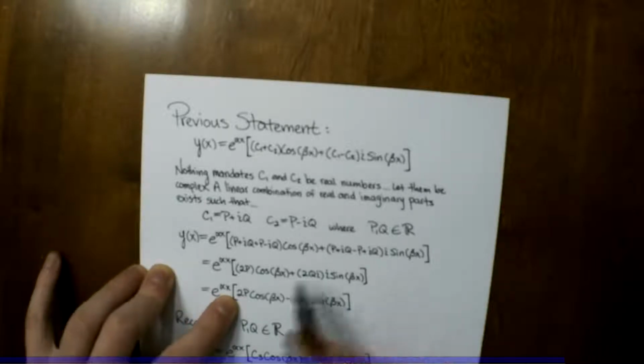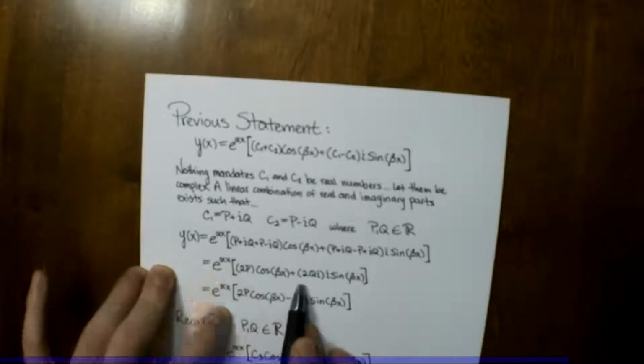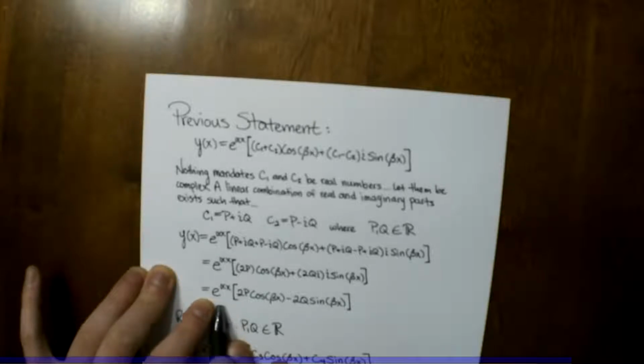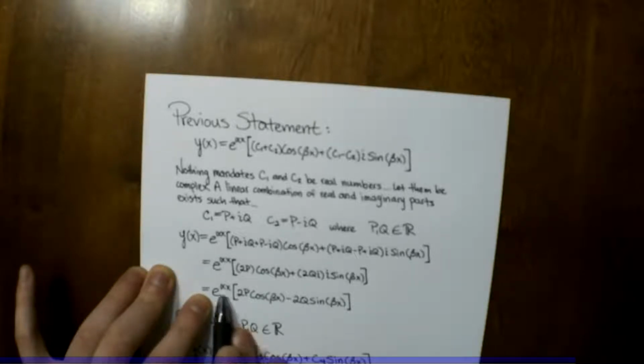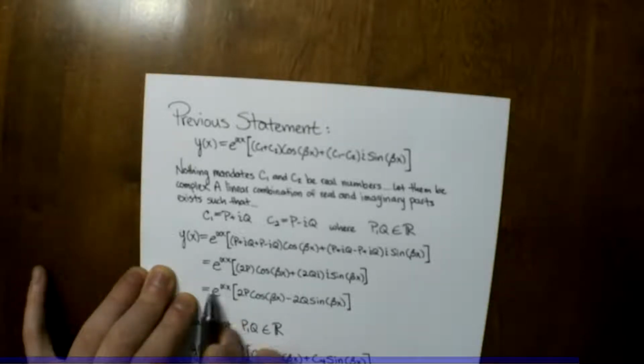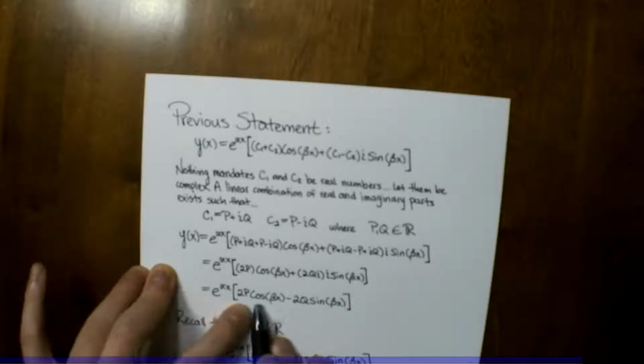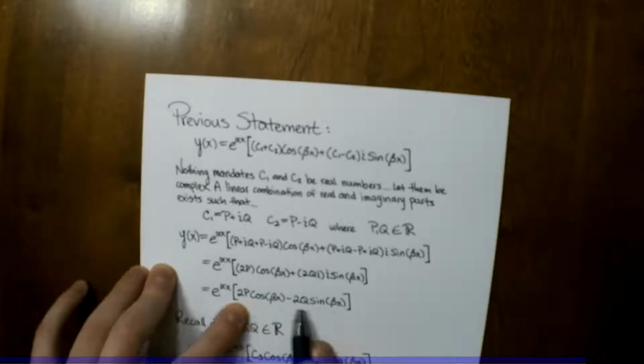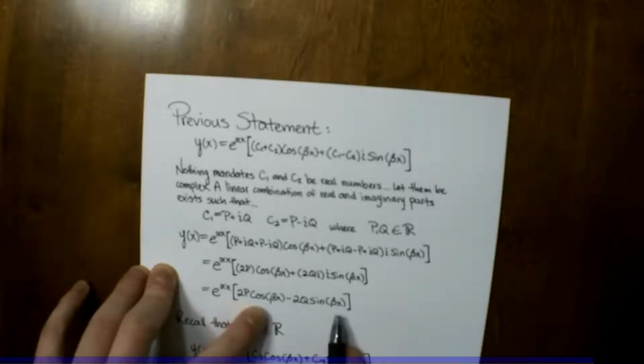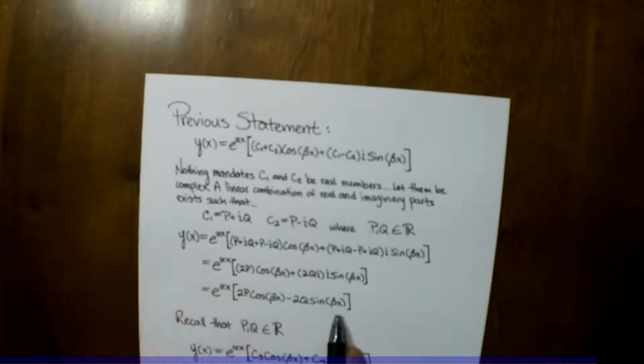So, if we reduce all of these, we are left with simply e to the alpha x, so we've still got this real component from before hanging around, and then we have our trig functions with, by George, only real numbers in front of them and within the trig functions.